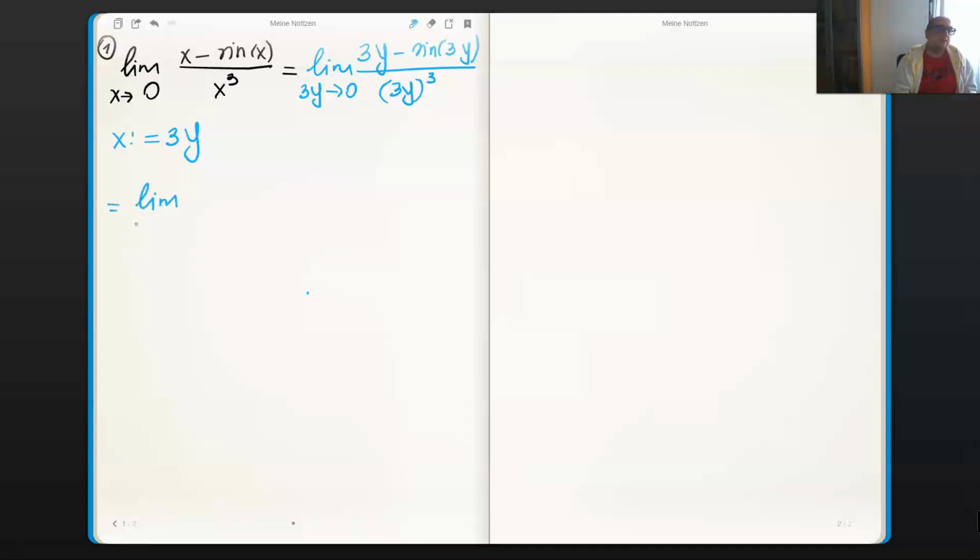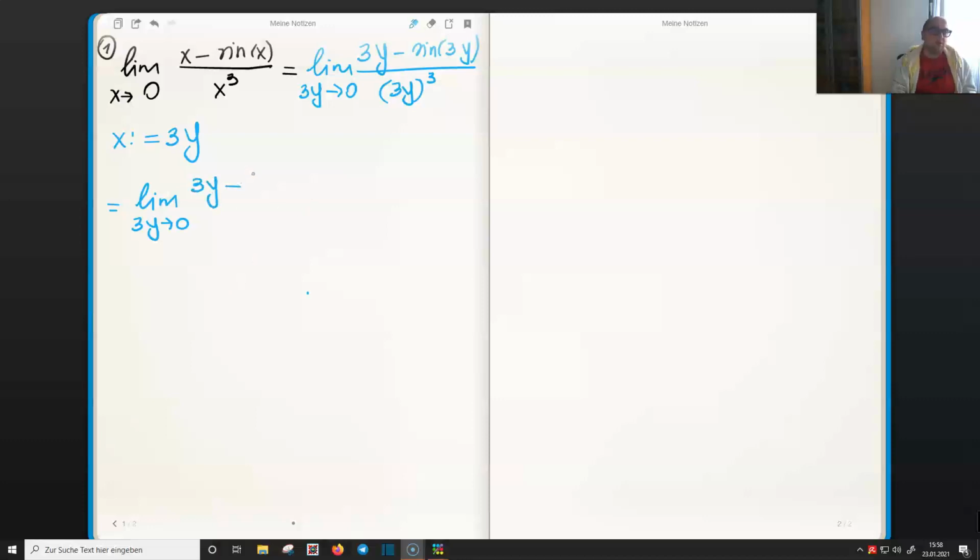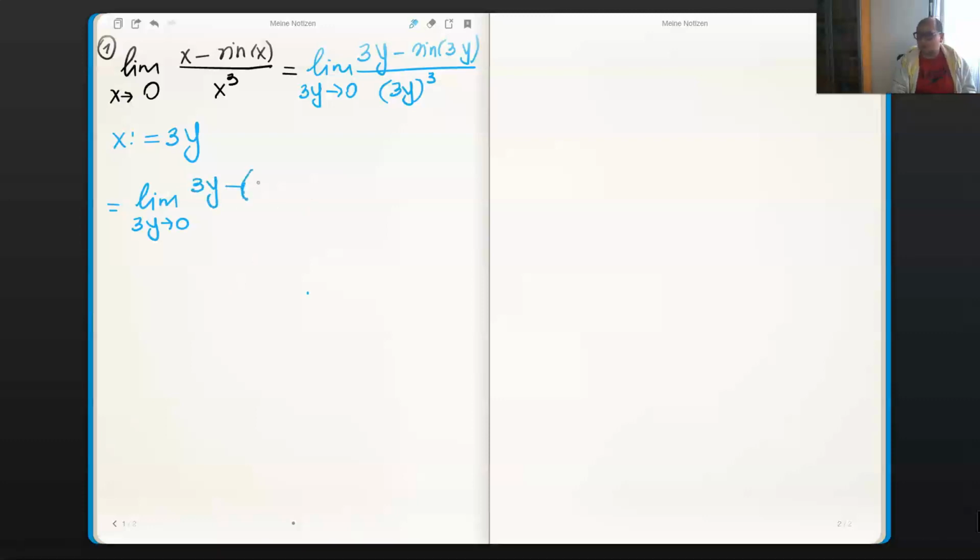We have the limit, 3y still running towards 0, of 3y minus, and basically apply the formula, 3 sine of y minus 4 sine cubed of y. And now we're dividing it over, applying the power rules, 27y cubed.